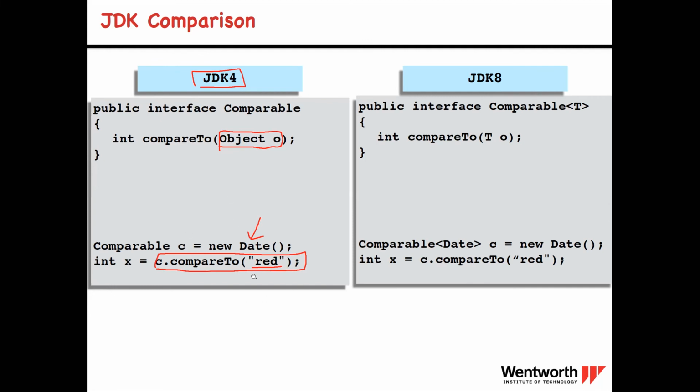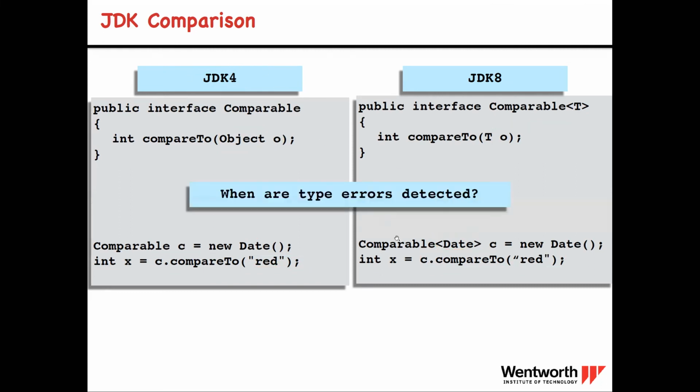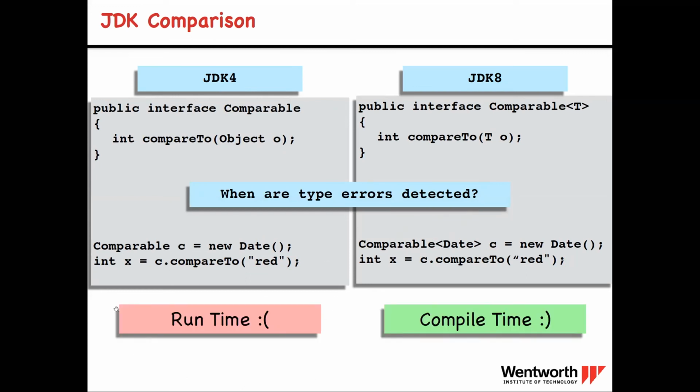This would cause a problem at a different time than the Java 8 version. So in Java 8, I define what the compareTo is. I say, hey, this is going to be a Date compareTo. And if I try to compare that to a string, the error is going to happen at a different time than it does for JDK 4. We don't get the error here until we run the program.